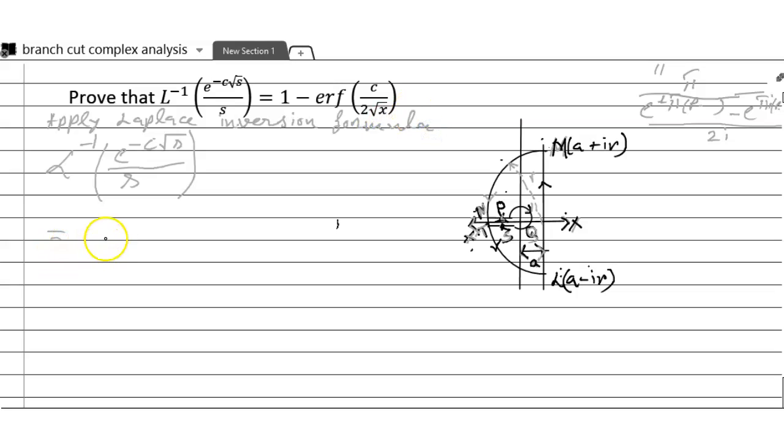We have 1 by 2 pi i integration from a minus i infinity to a plus i infinity of e to the power xs into e to the power minus c root over s, divided by s, ds.